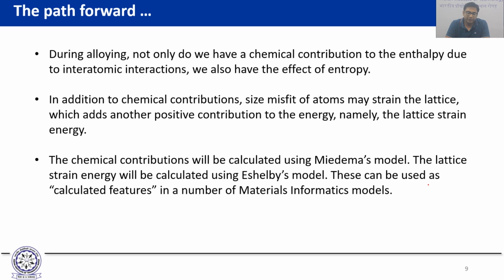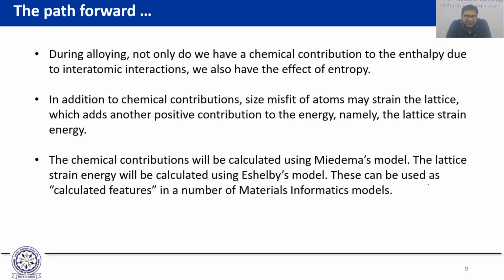So in a nutshell, these are some of the really basic thermodynamic aspects. As we go forward, we have to realize that during alloying, not only do you have a chemical contribution to the enthalpy, but you also have the effect of entropy, which starts stabilizing the single phase solid solution, the chemically disordered structure, especially at high temperatures. In addition to the chemical contribution, when you are making an alloy, you are bringing different types of atoms together.